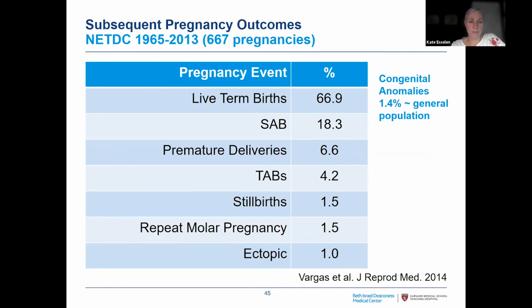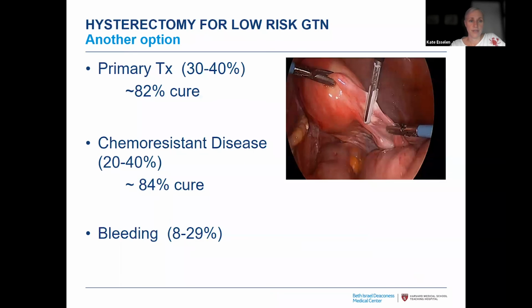There are about population-based rates of miscarriage and prematurity, and again population rates of stillbirths, and these are after pregnancies in women who got chemotherapy for their gestational trophoblastic disease. Rates of repeat molar pregnancy, this is all from the New England Trophoblastic Disease Center, are about 1.5% in this group. And the good news is their rates of congenital anomalies, in women who have had chemotherapy, are similar to that of the general population.